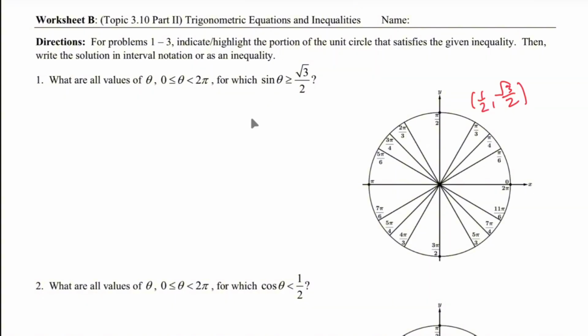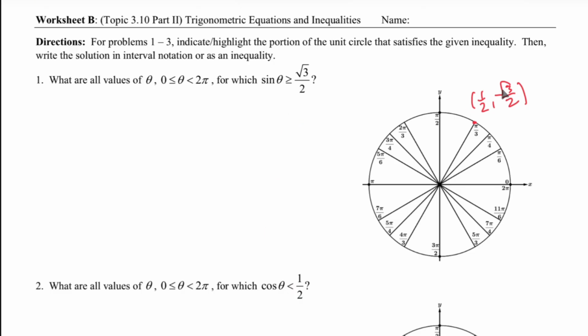Is sine x or y? Sine is y. So because we're doing sine, we can go based off of the y-axis here. Which way would be greater than? The y-axis increases here, but then it decreases this way.